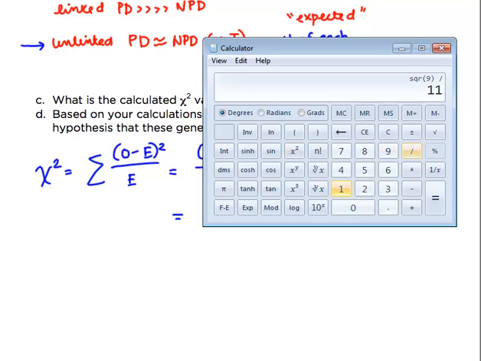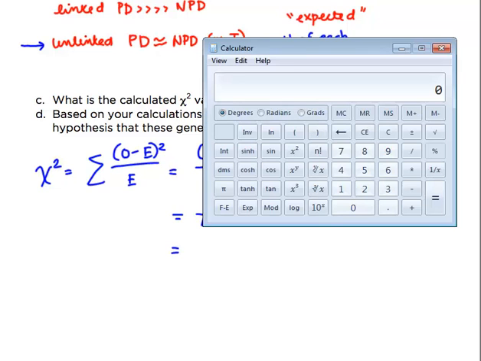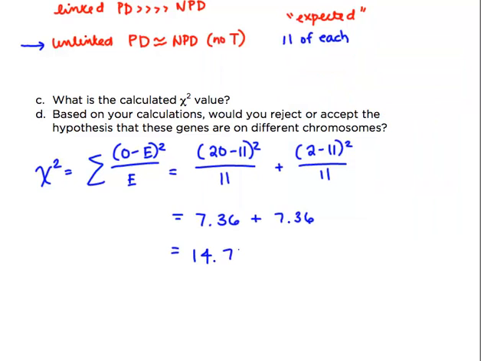Divided by 11 equals 7.36 repeating. The second one, 2 minus 11 is negative 9, squared is positive 81, and again over 11 is 7.36 repeating. And when you do the summation, you have 7.36 repeating, just multiply that by 2, and you get 14.727, which we can round up to 14.73. So this is our chi-square value.